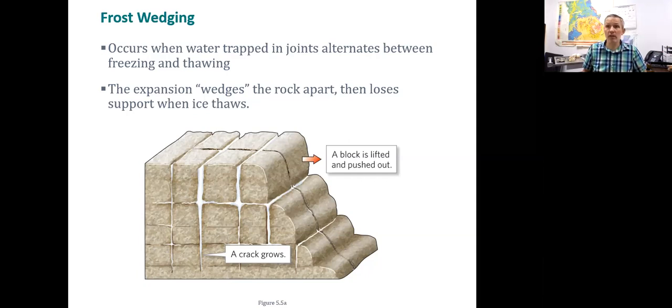This is the same reason that earthquakes cause a lot of damage to rock-built structures like brick, stone or concrete. It's the pulling apart that causes rocks to not be as strong. And so frost wedging is doing the exact same thing. It's getting in those pores and pulling it apart.